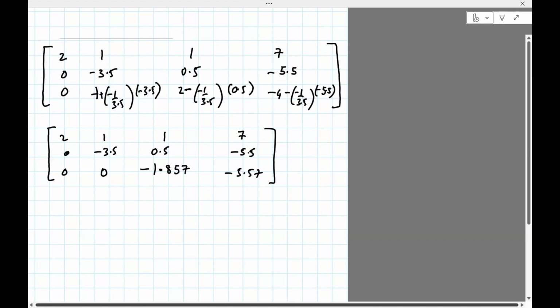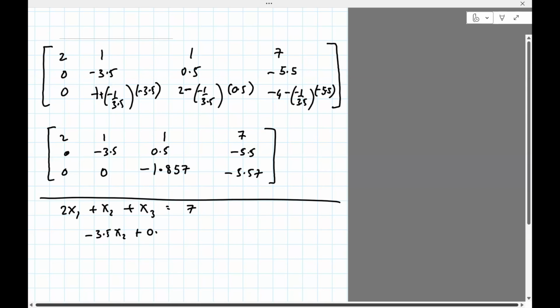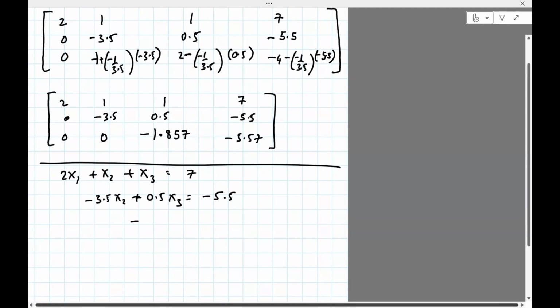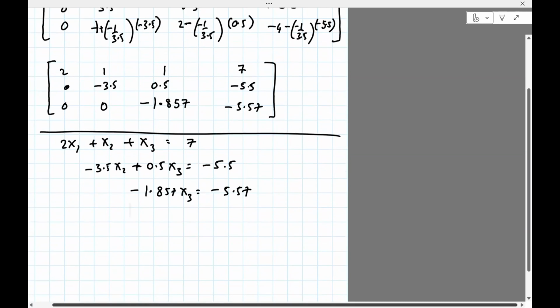This gives me the equations 2x1 plus x2 plus x3 equals 7, minus 3.5 x2 plus 0.5 x3 equals minus 5.5, and then minus 1.857 x3 equals minus 5.57.